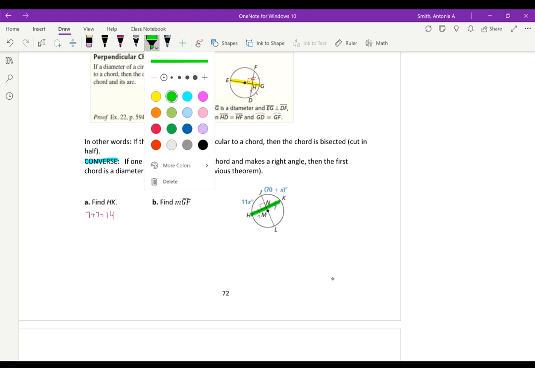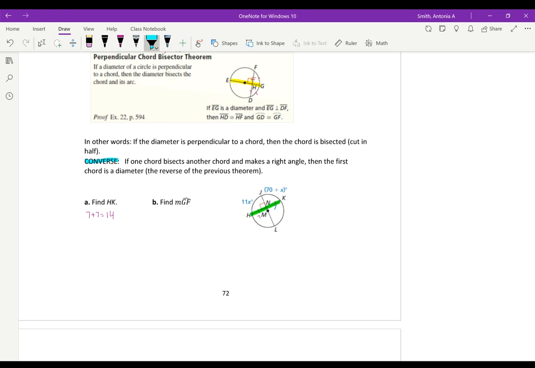Next, it says find the measure of arc GF. So we're wanting to find the measure of this arc here. That says GF. It should say HK. Okay.